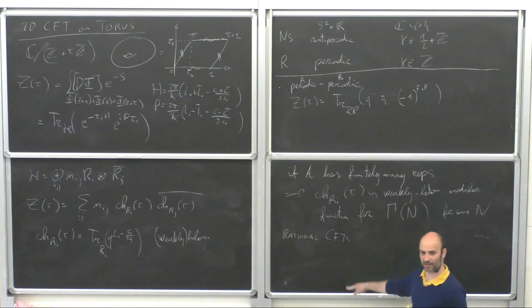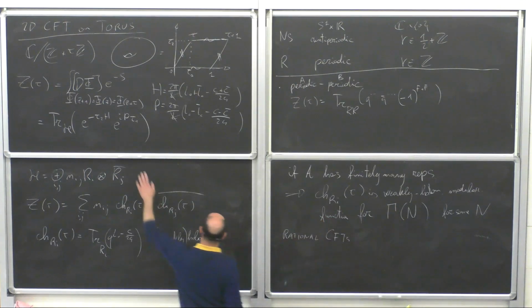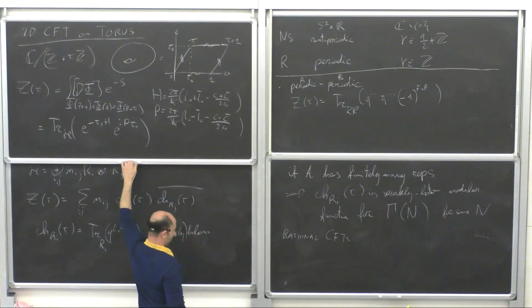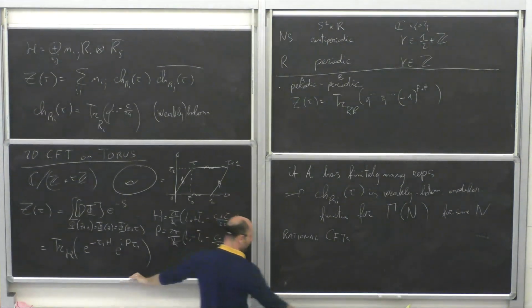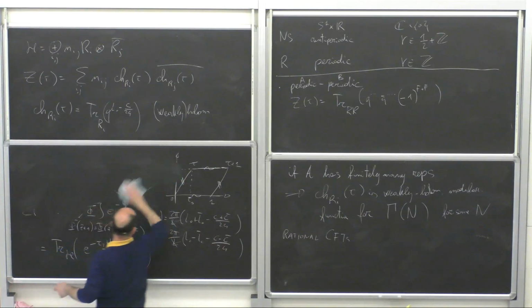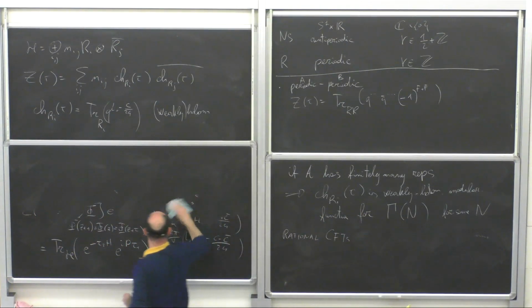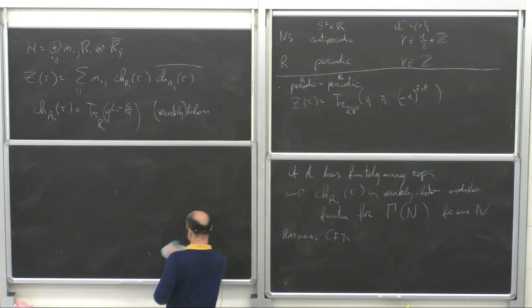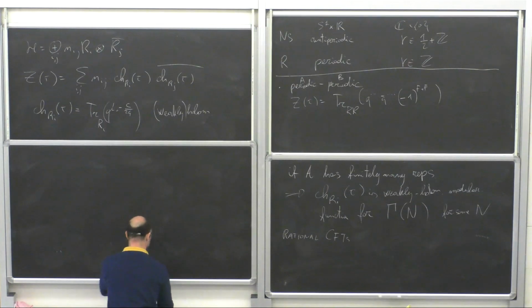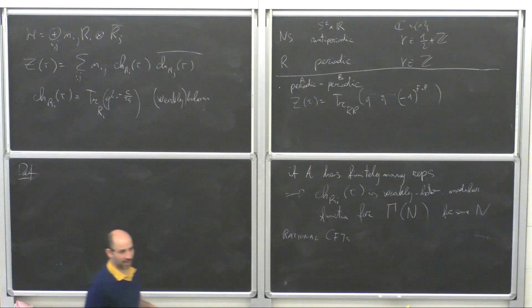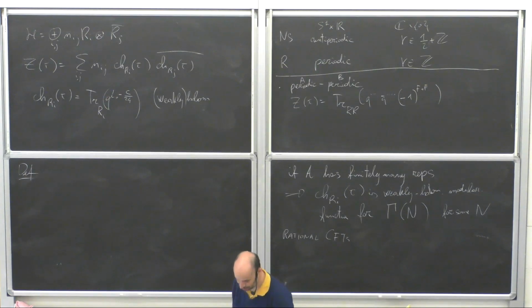Actually, one can refine this statement, and that's the last thing before the break. You can say a bit more about these characters if you consider slightly more general objects than just modular forms, which means you can look at vector-valued modular forms.